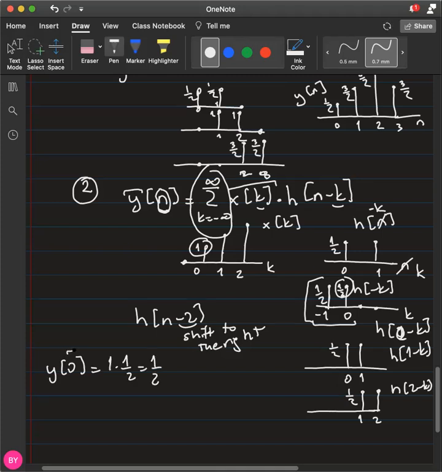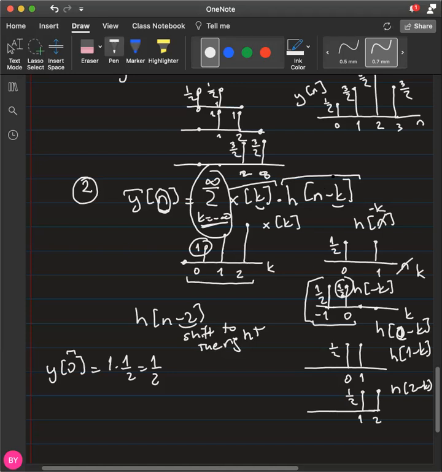Why y of 0? Because I did not do any shifting. n is 0 here. n minus k. n is 0, okay? I'm doing the summations using the k, using the summation variable. You see, the summation is over k here. So then what will I do? I will keep this as it is, arkadaşlar. I'm not doing anything. I am shifting this one, okay?